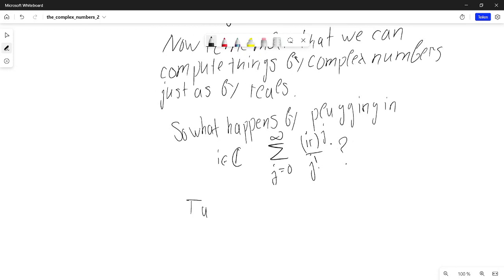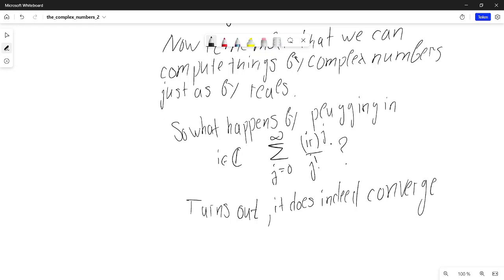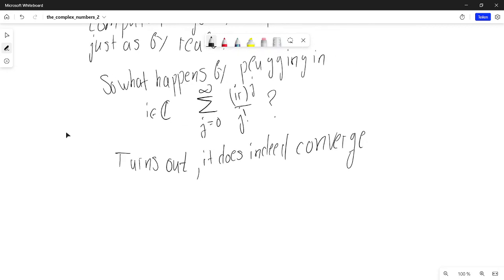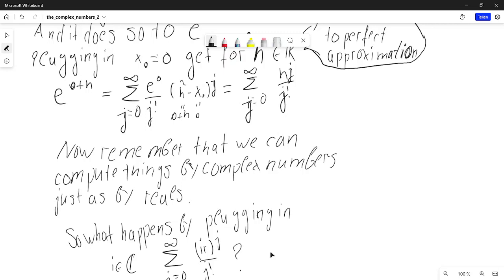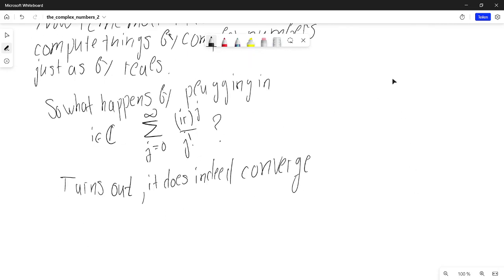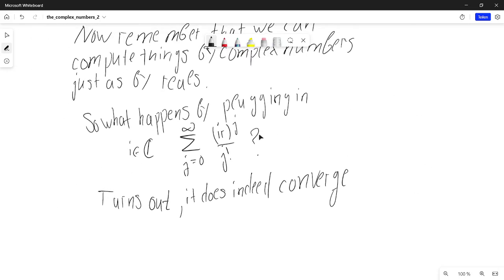Turns out that it does indeed converge, and it is very easily shown when you know the corresponding tools. It's basically the same as the convergence of this here, but I won't go into it.